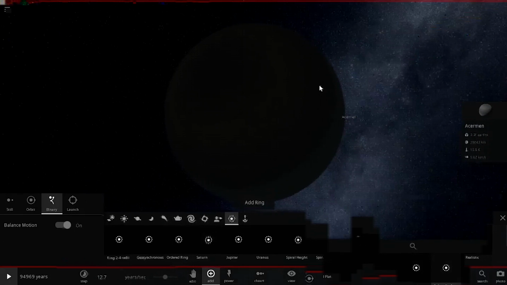So, ew, that sucks. I want 40. Anyway. Well, these planets are messed up.